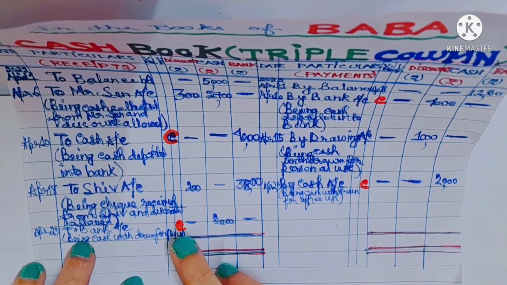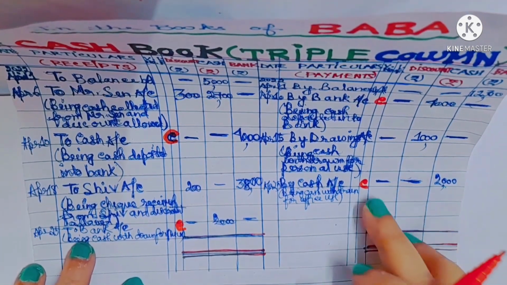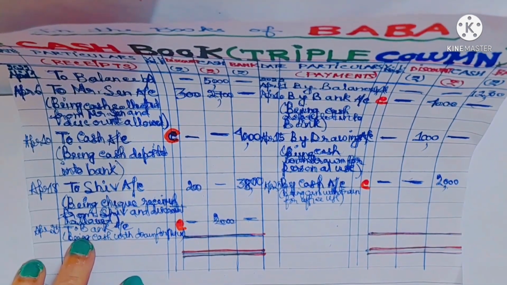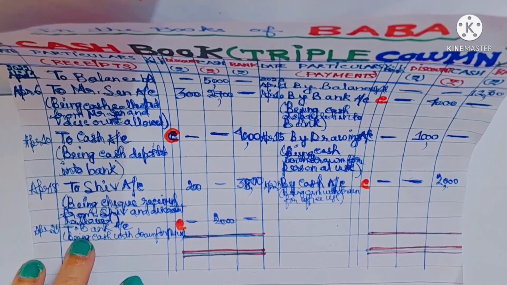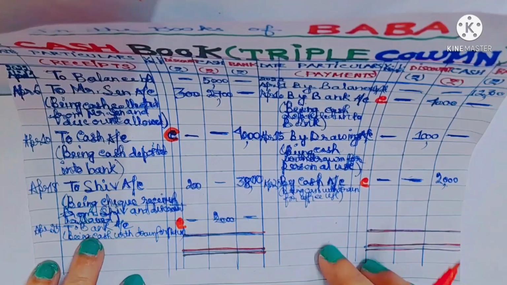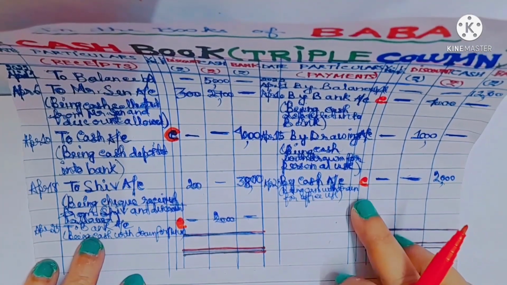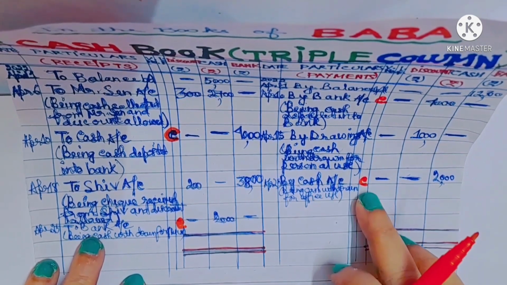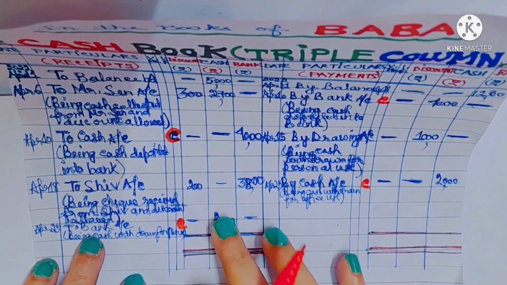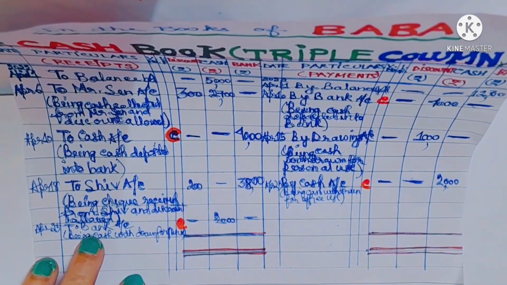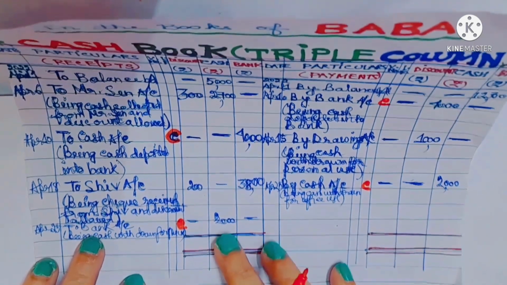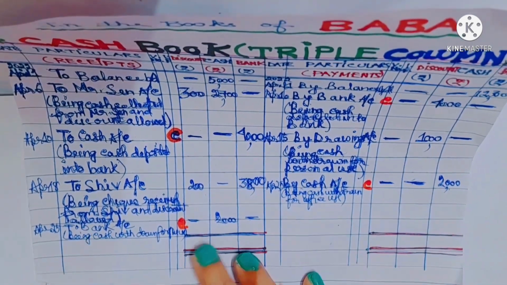On the credit side also we have written C in the ledger folio. Contra entries are always denoted by writing the letter C. Please remember we have to write C in the ledger folio column on both sides of the cash book.